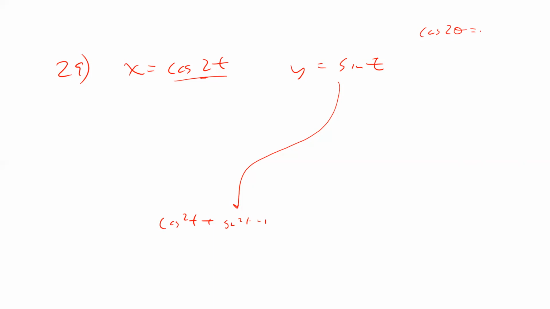Cosine 2 theta is the same thing as 2 times cosine squared theta minus 1. Gotcha. So connecting this together, 2 cosine squared t minus 1. Good there?